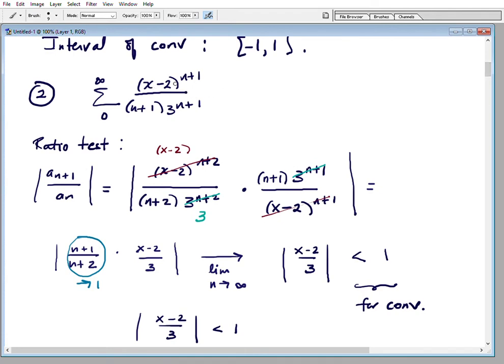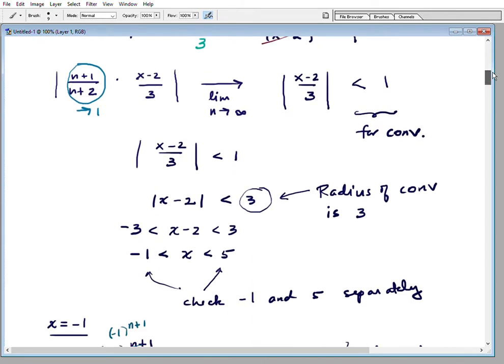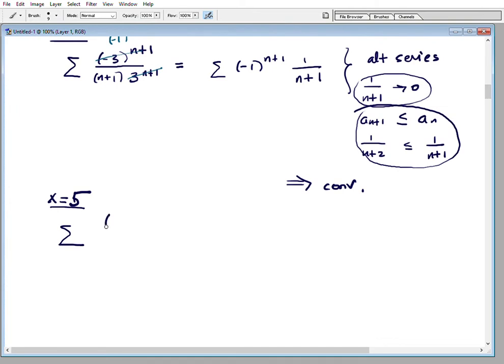Then we have 3^(n+1), and here we had n + 1, and here we also had 3^(n+1). All right, so these just cancel. Okay, so we have this, and we know that this diverges.